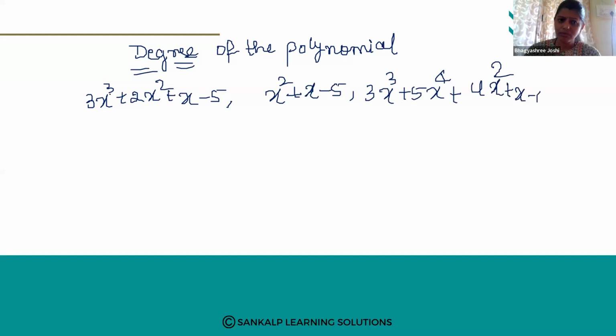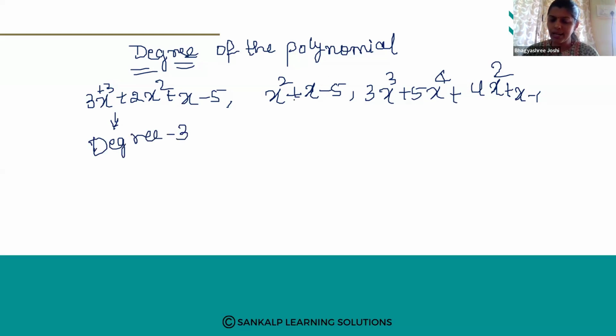Here, the highest power of the variable, what is the highest power of this expression? Here 3 is there, 2 is there, 1 is there. That means the highest power is 3 here. That means the degree of this polynomial is 3. Yes or no? Degree is 3.